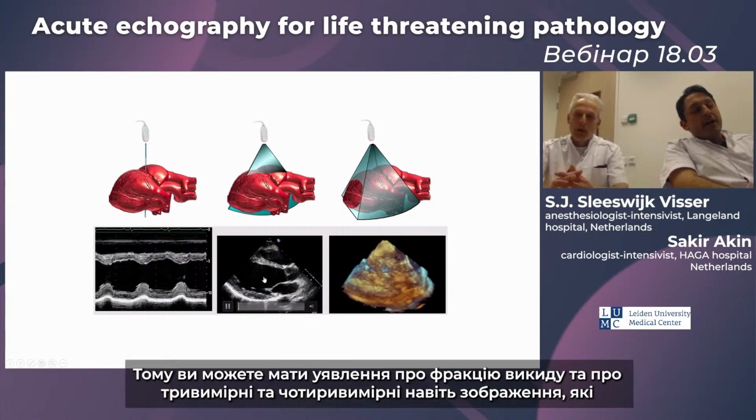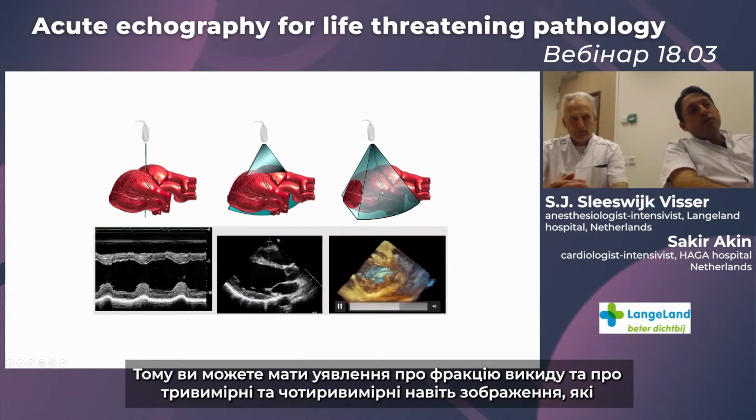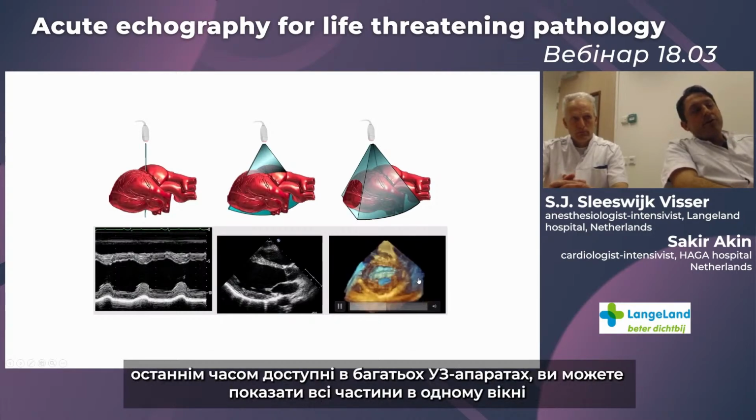So you can have an idea about the ejection fraction, and to 3-dimensional and even 4-dimensional views, which are recently available from many echo machines. You can show all the parts in one window.